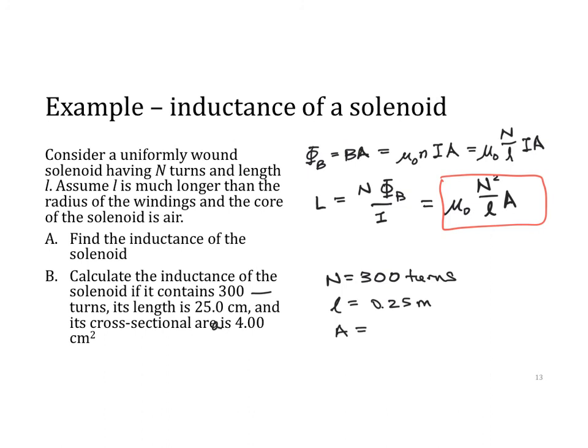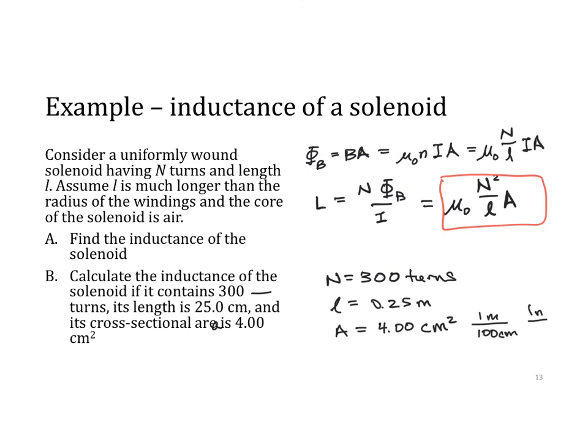You might also be given something like its diameter instead. So I want to switch centimeters squared to meters squared. Remember, I have to cancel out centimeters twice. So remember, I've got in 1 meter 100 centimeters.